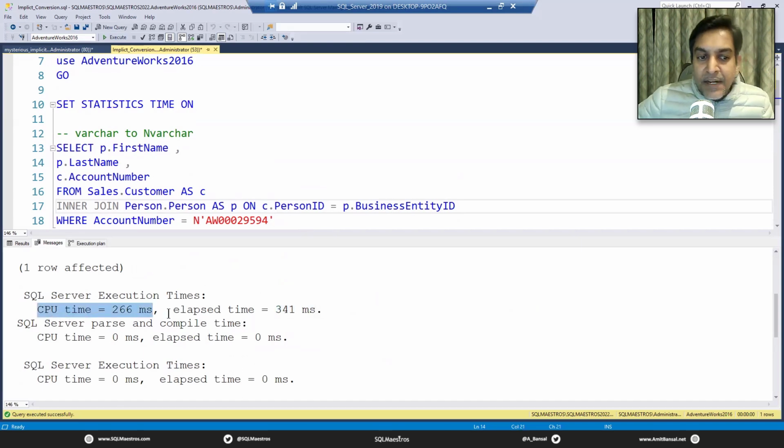So SQL Server spent about 266 milliseconds. It's a single threaded execution. So the thread spent 266 milliseconds on the CPU. So that's the kind of CPU cycles that were spent to do this job. I am not trying to say right now that this 266 milliseconds is totally responsible for that implicit conversion. We'll see that. This is part two.